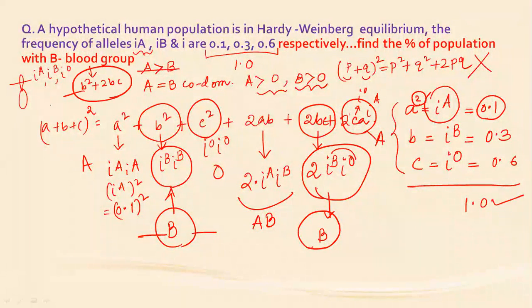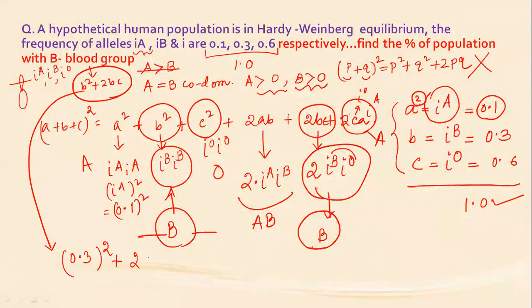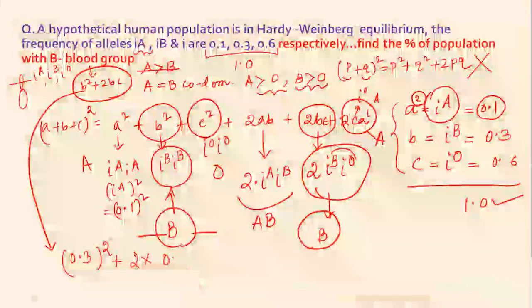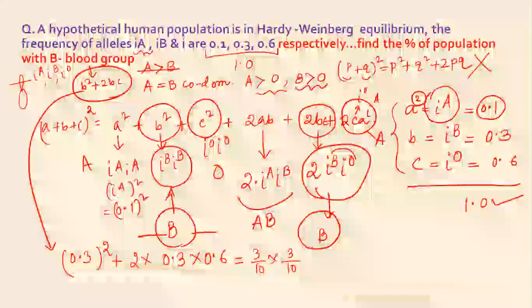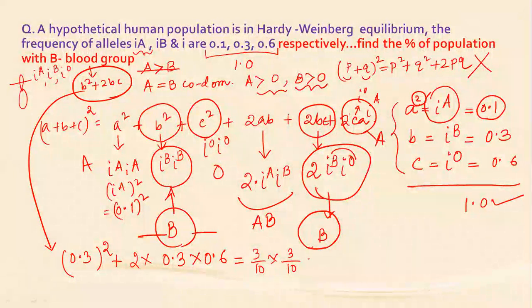Now you have to do the calculation. It is simple, as you know the formula. For B, the equation is 0.3 whole square plus 2 into b, that is 0.3, into c. 0.3 whole square is 3/10 into 3/10, which equals 9/100, that is 0.09.